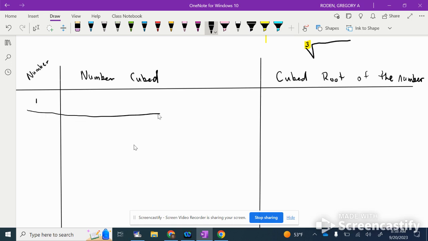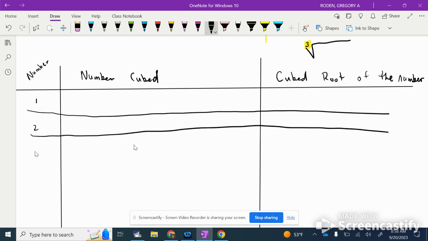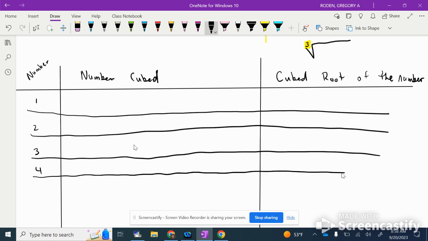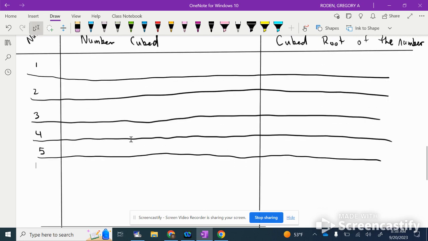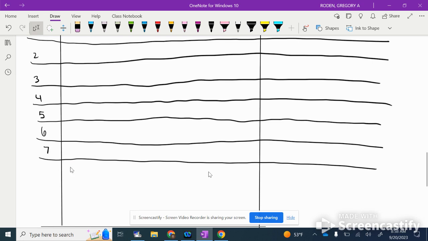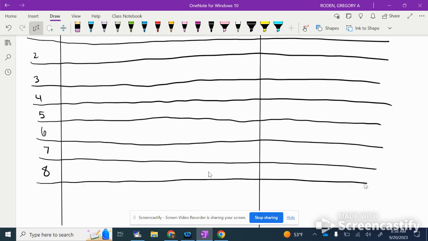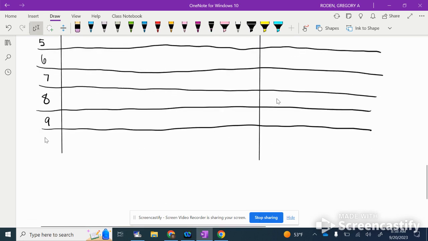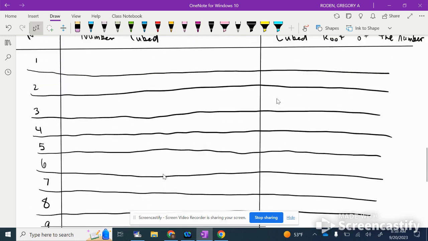So we have 1, 2, 3, 4, and everyone's doing this with me, 5, 6, 7, 8, 9, and 10. Now, you may have already built this in another class, so this is just good to review here. So here we go.